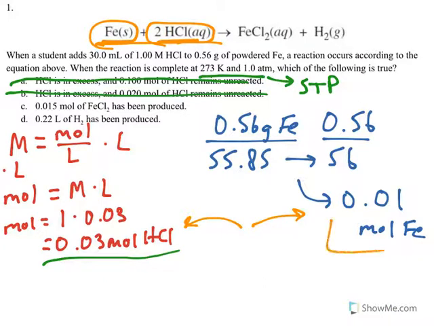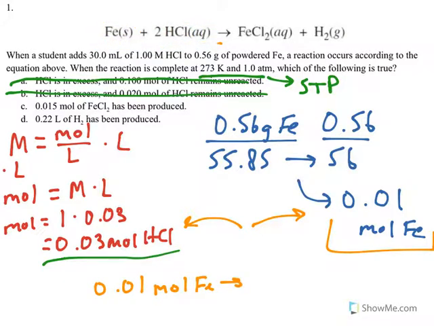So again, if iron is our limiting reactant and 0.01 mole of iron goes in, then we need to know how many moles of FeCl2 will come out. Well, it is a 1-to-1 ratio, so if 0.01 mole of iron goes in, 0.01 mole of FeCl2 will come out, meaning we did not produce 0.015 mole of it, which means the answer must be D, but let's take a look at it.